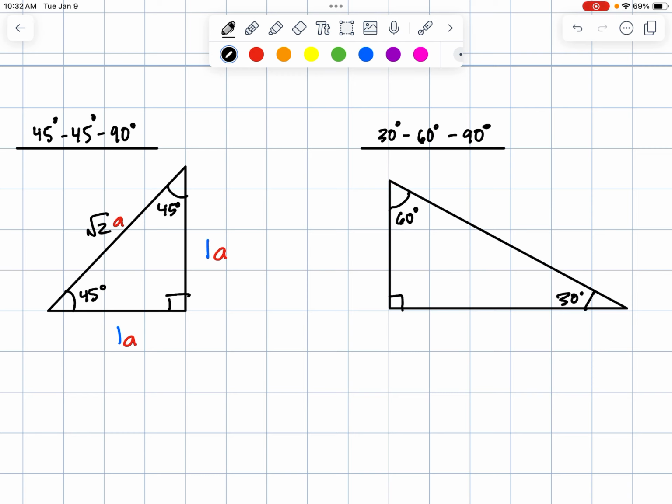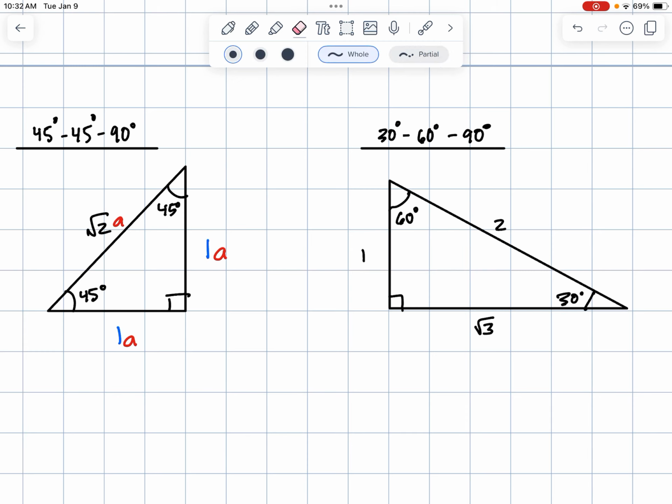And there is a ratio that actually happens here. If we have a length of 1, for instance, opposite of the 30 degrees, the nice part about this is the hypotenuse will always be equal to 2, double that, and then the last side will be root 3.